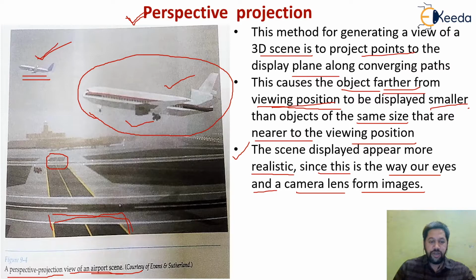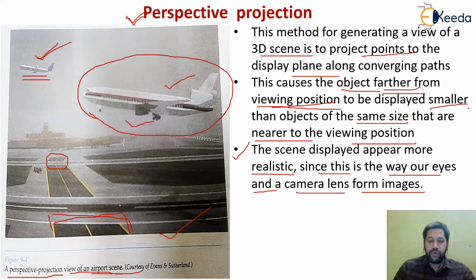So assume that you are at the airport and you are capturing this scene with your human eyes. I think it will be exactly the same or very similar to what is displayed over here.